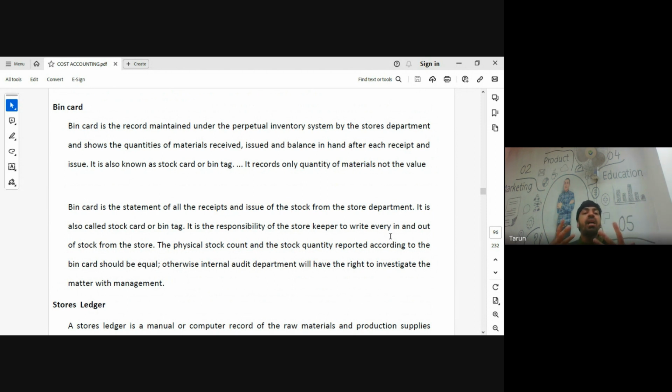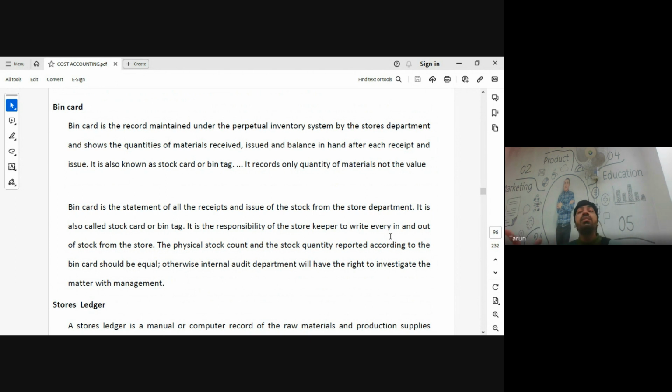So what is a bin card? A bin card is a record of receipts which is maintained under the virtual inventory system, and it is maintained by the store department. It shows only the quantities of the materials received, stored, and the balance left in hand after each receipt and issue of materials.